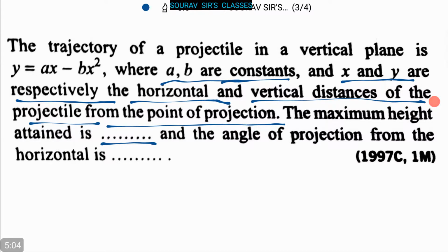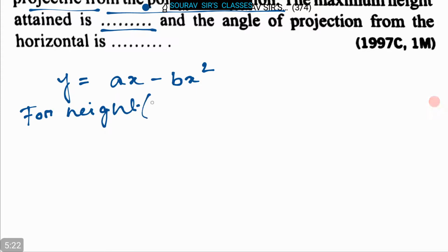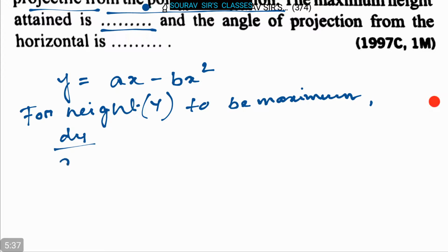So now let's proceed to the solution. It is given that y is equal to ax minus bx square. So for height, that is y, to be maximum, dy/dx must be 0.